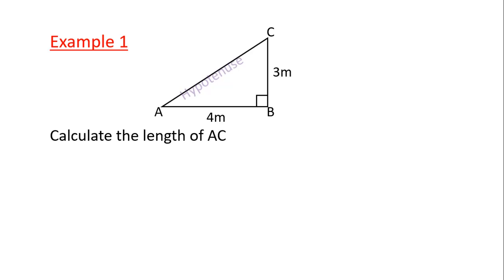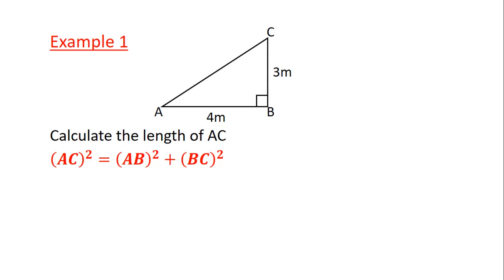So hopefully you can see the hypotenuse is line AC. It's opposite angle B and it's the longest side. So now we write down our formula. Our hypotenuse, which is AC, and that's squared, equals, and now our other two sides, we square them and add them together, and so it's AB squared plus BC squared.